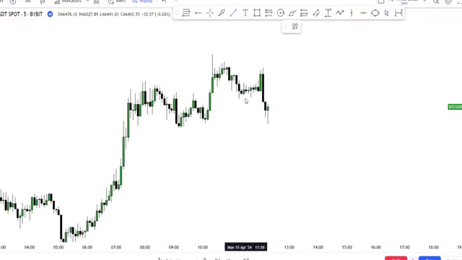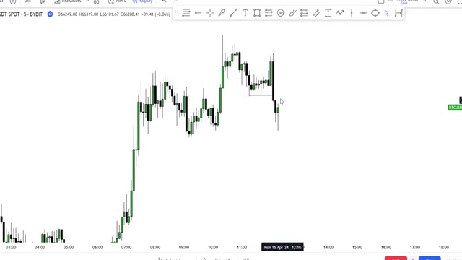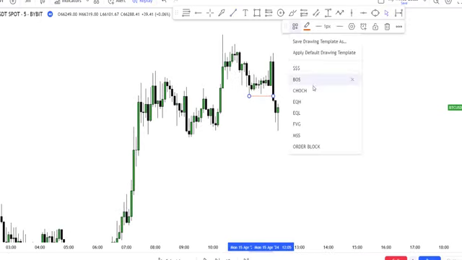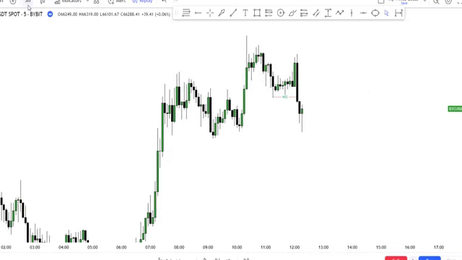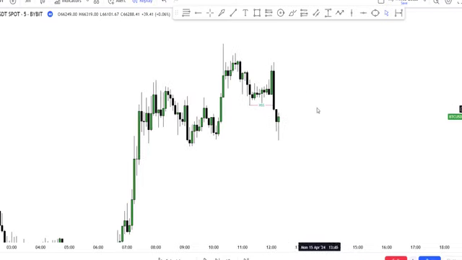This is your change of character, guys. Is that not a change of character? What does that tell you? The uptrend that was temporary, the short-time uptrend, is now aligning with the overall downtrend. I hope you're getting it.